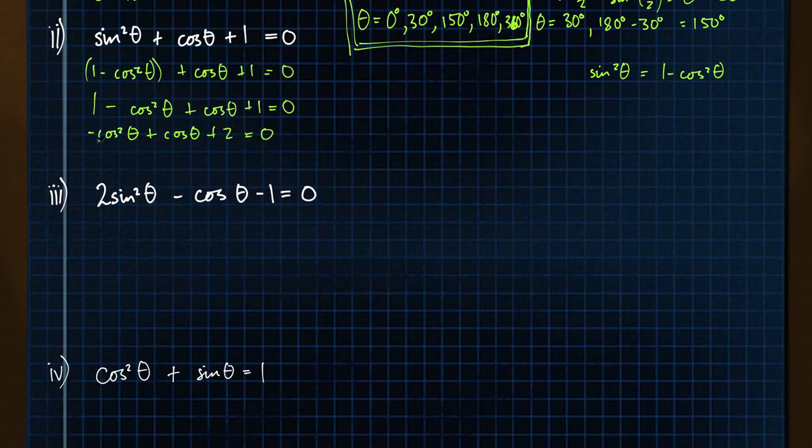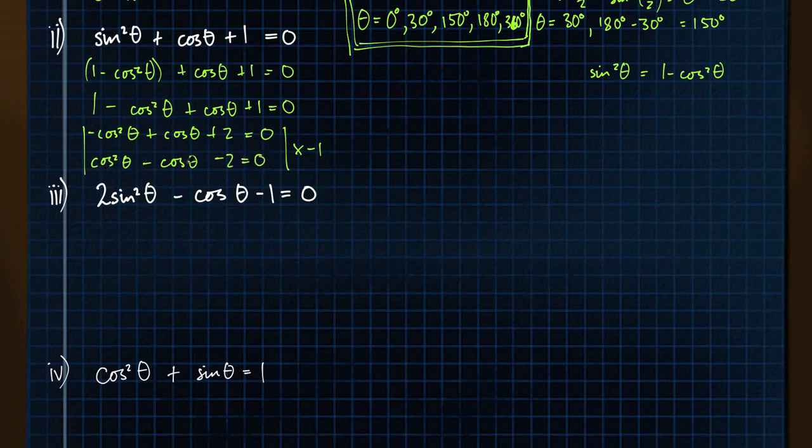Or, in fact, I want a positive value of cos squared theta, so I can times everything by -1. In the last question I just brought everything over to the other side by adding cos squared theta, subtracting cos theta, and minusing 2. It has the same effect if I just multiply everything by -1, so that gives me cos squared theta minus cos theta minus 2 equals 0.